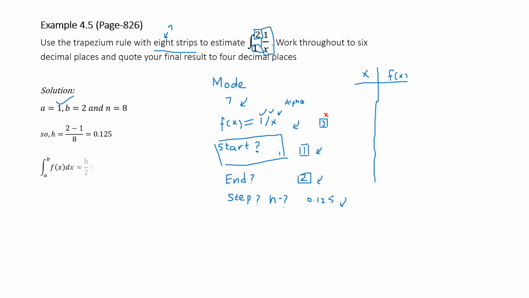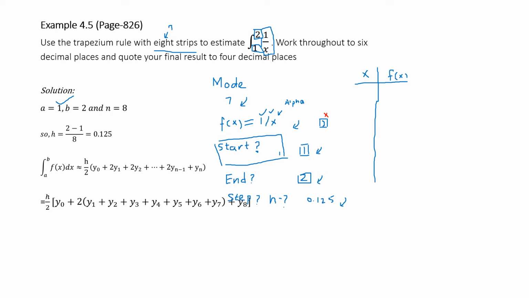Let's see the rule. This is the rule. The rule will be provided in exams, we don't need to cram it. I have taken h over 2 common, and we have n equal to 8, so our rule will run up to y8.